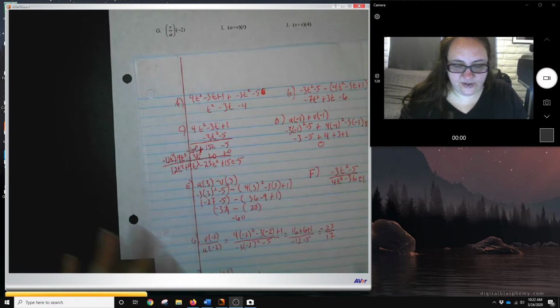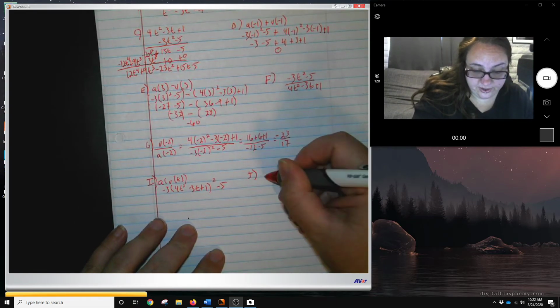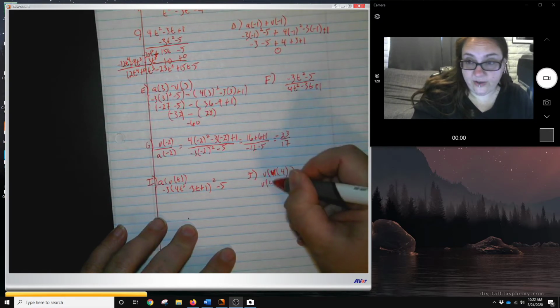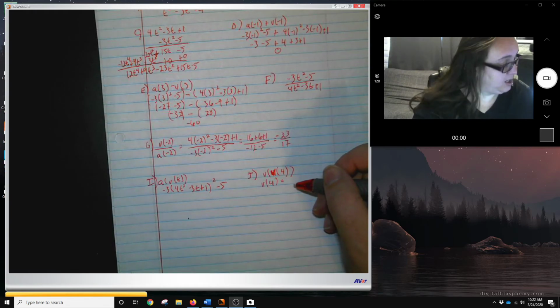And then last but not least for this section, V of 4, which we actually just saw the answer to because I cheated. Well, first we need to know what is V of 4. And this one gets nutty big, so I'm definitely going to need that paperback since I don't have my calculator with me.